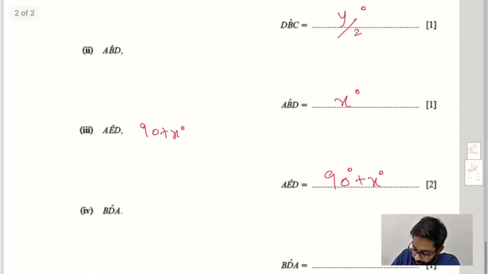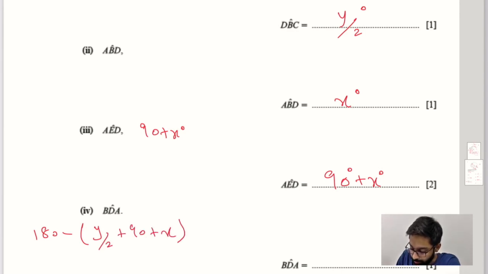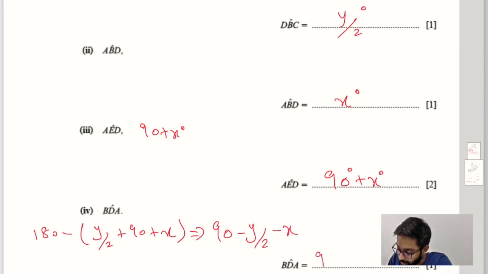So you subtract y over 2 plus 90 plus x from 180. When you do that, you get 90 minus y over 2 minus x, which is your answer. You can write that over here, 90 minus y over 2 minus x degrees.